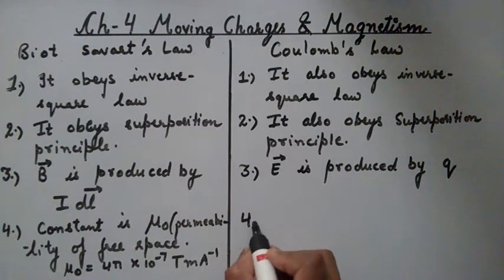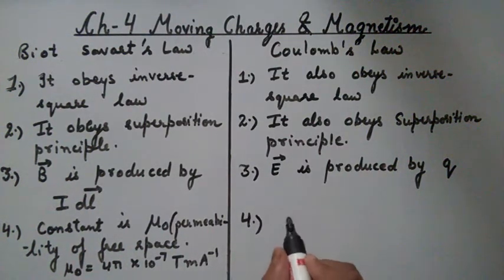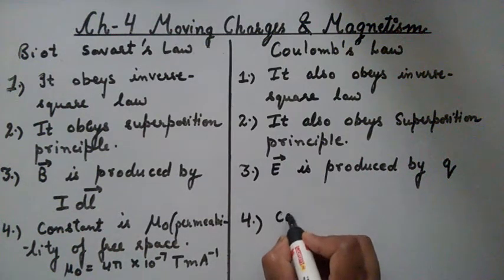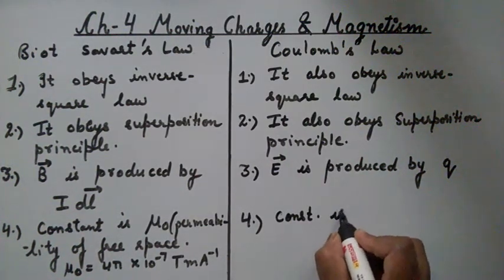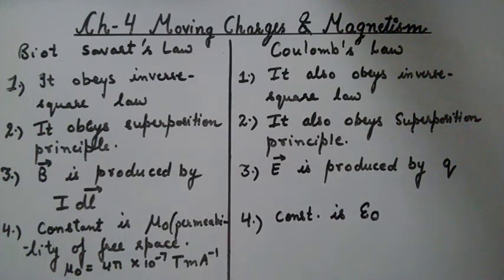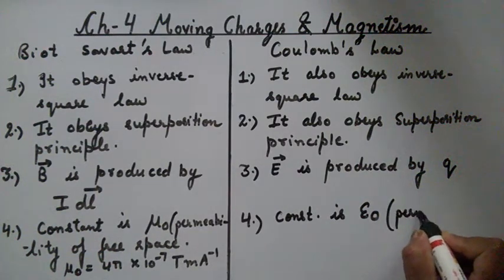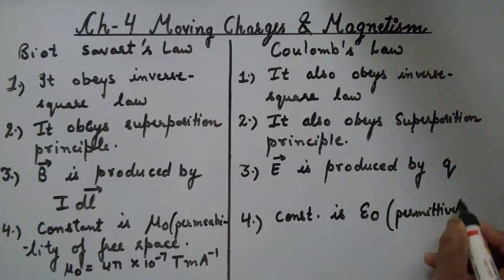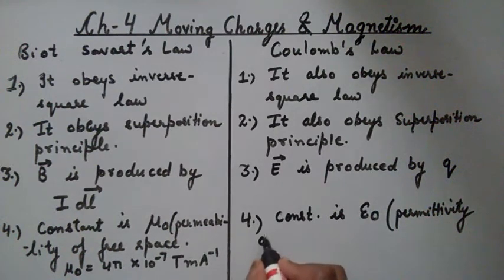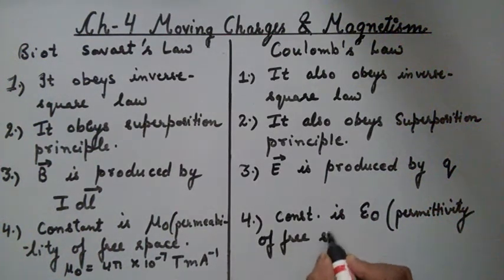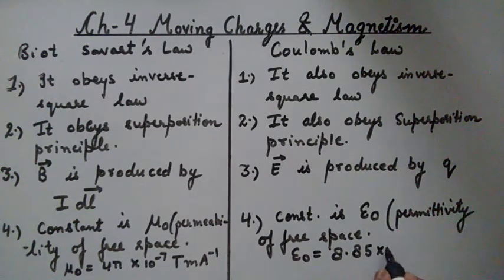Here the constant used for force in free space is the permittivity of free space, and its value is equal to 8.85 into 10 raised to the power minus 12. And the unit is Coulomb square per Newton per meter square.